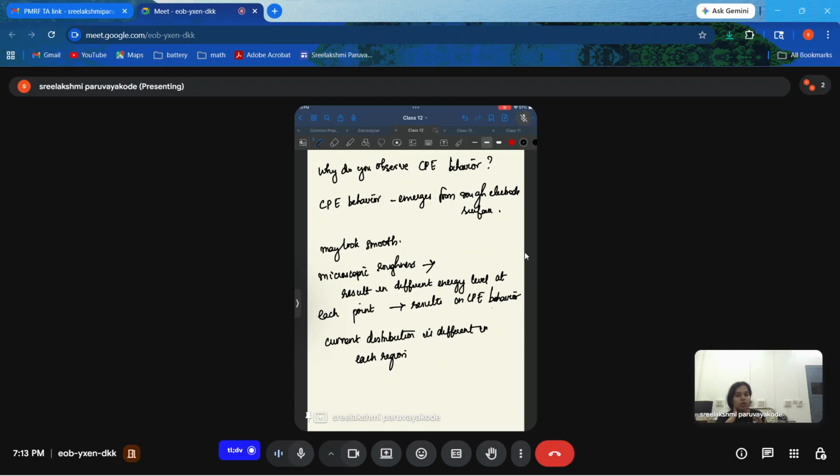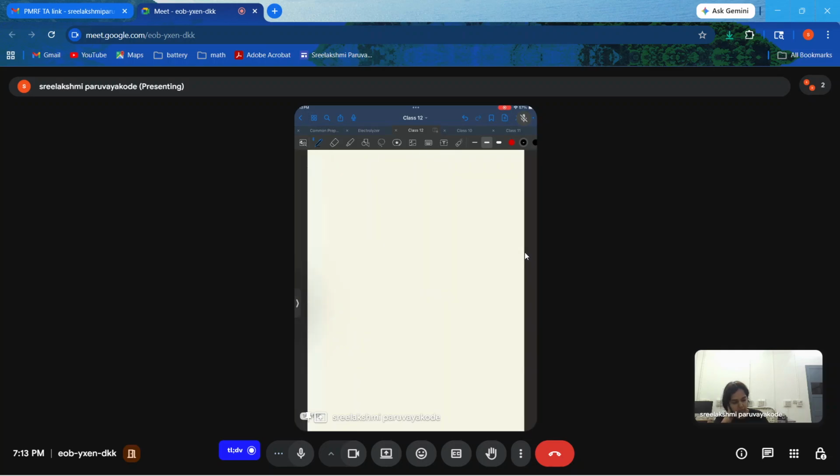So in order to calculate or understand the CPE, there are two formulas. Let's look at this. The first one is called Mansfield's, or however it is pronounced. And the next one is Brug's. Both these formulas are important.